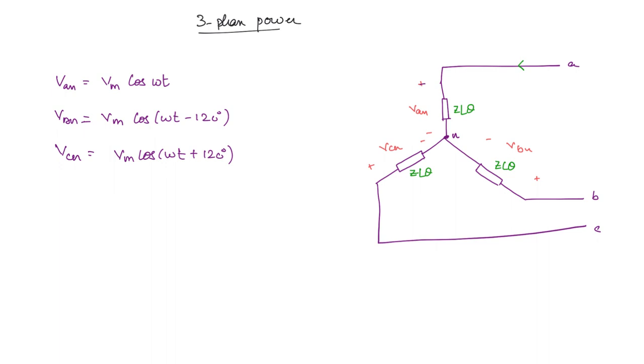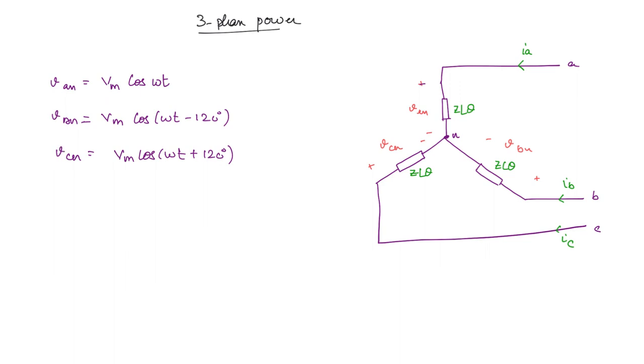So this will be iA, iB and iC. Remember, we are taking small letters to represent the time domain. The voltages can also be represented with small letters, so that will avoid unnecessary confusion.